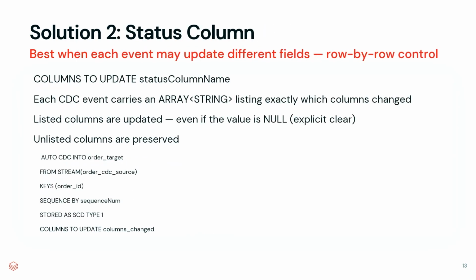And then the second solution is tricky because it depends on your source system. You can actually make a mark. It provides you a status column, meaning, for example, if in your pipeline you have many heterogeneous sources, some sources will send partial data, some sources send another subset of data. They all know that I'm only going to send you column 1 and column 2, and the other sources, I'm going to send you column 3 and column 4. They will mark it for you so that you can do it row by row.